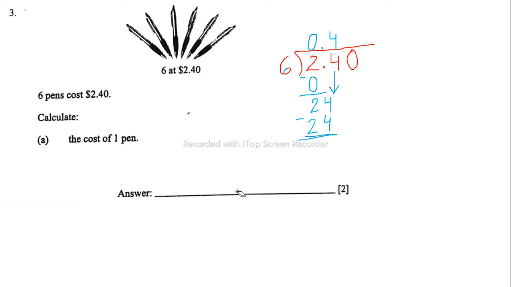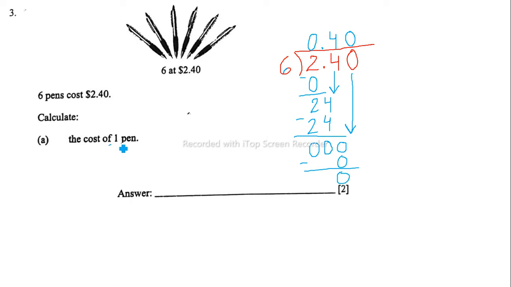She's so happy she's speechless. 4 minus 4 is 0. 2 minus 2 is 0. We bring down the 0. How many times does 6 go into 0? 0 times. 6 times 0 is 0, and so 0 minus 0 is definitely 0.